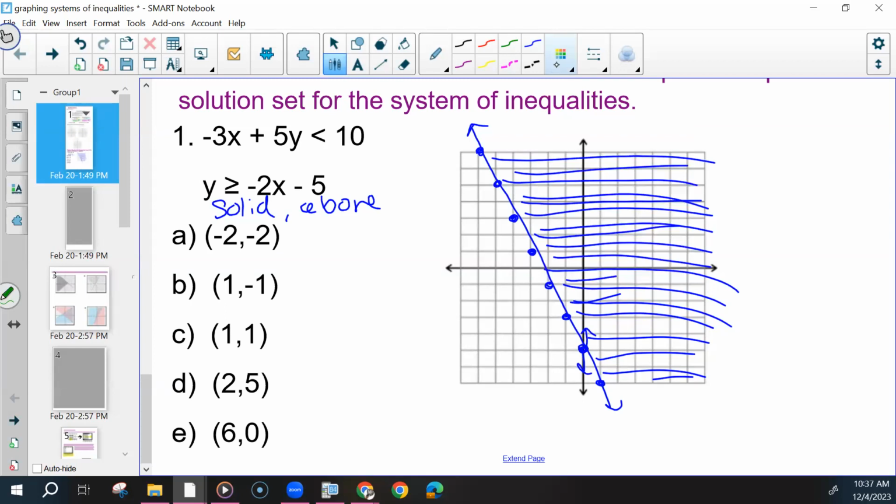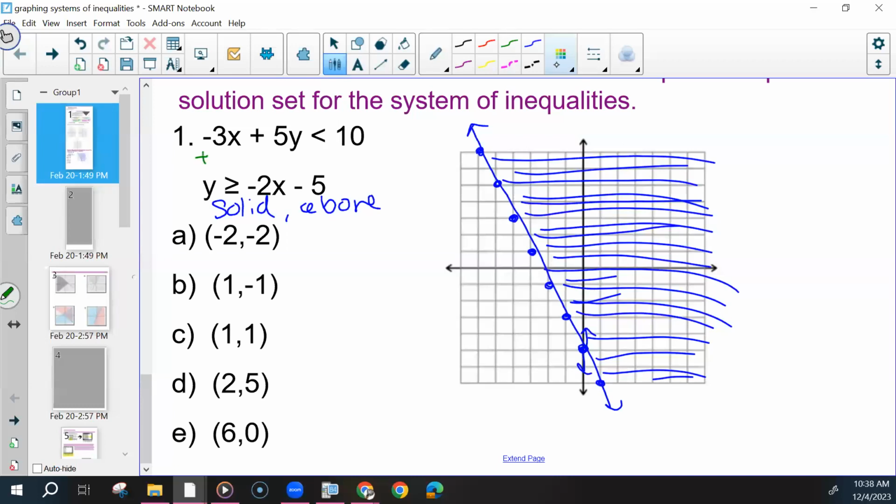Questions so far? That should be familiar from what we did last class. The other one we have to solve. How would we get this back in slope-intercept form? What is our first step? Opposite, because it's already negative.